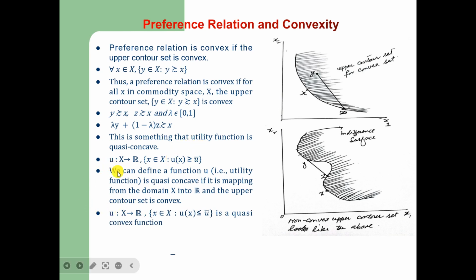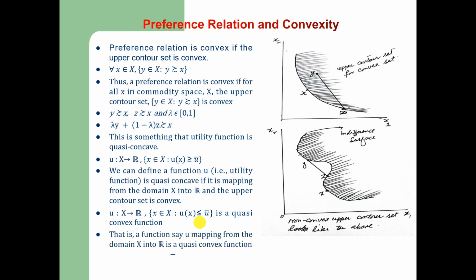Similarly, a utility function, if it is a mapping from the domain X into R and the set of x in X such that u of x is less than or equal to some given level of utility, is a quasi-convex function.